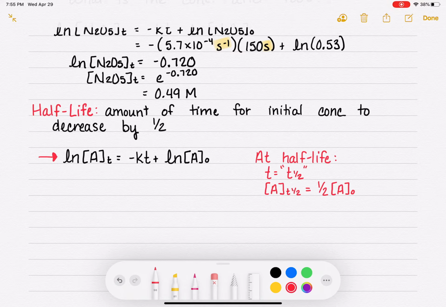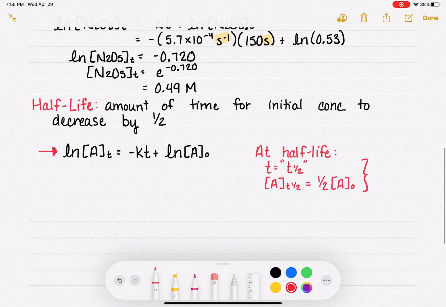So let's take these two terms right here, and plug them into our integrated first order rate law. So instead of saying the natural log of A at time t, we are going to say the natural log of A at t1/2, and that is equal to negative k t1/2 plus the natural log of A initial.